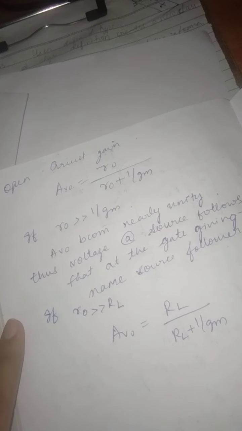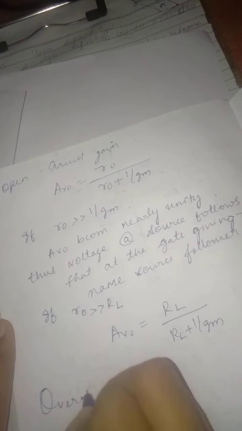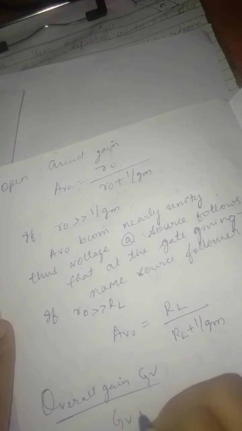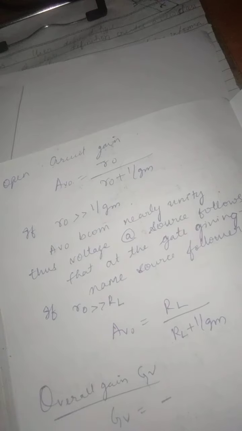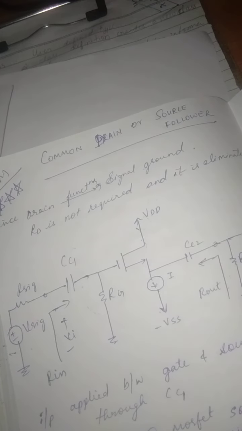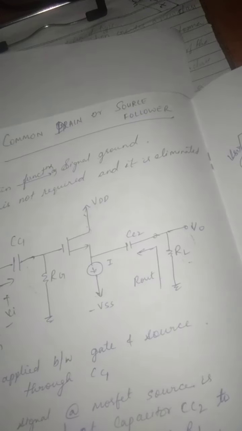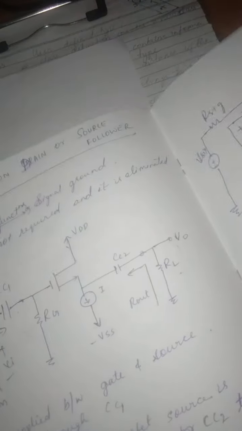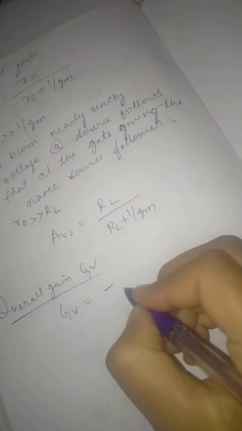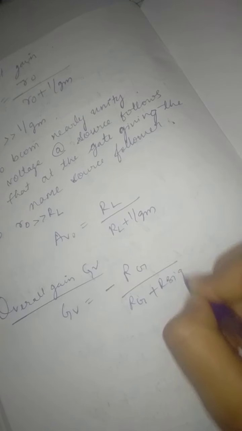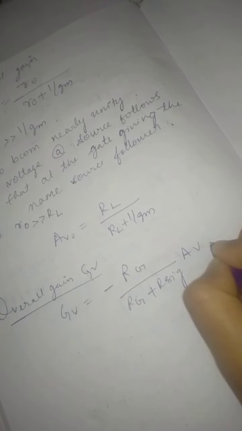Overall gain of the circuit, let me denote the overall gain with GV, is equal to minus, okay, minus into, so it is moving down with a negative sign with the input resistance part. So at input part what do I have? It is RG plus RSIG along with AV, right? So the same thing I will be writing here, RG by RG plus RSIG into AV.